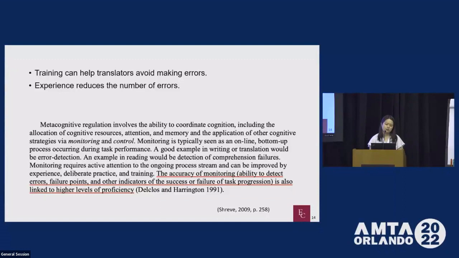So it is possible, in my opinion, that the participants who had more training in this study were able to avoid making errors because of their enhanced monitoring skills that they had acquired through training.